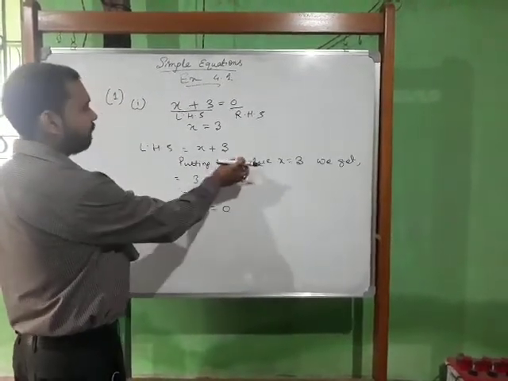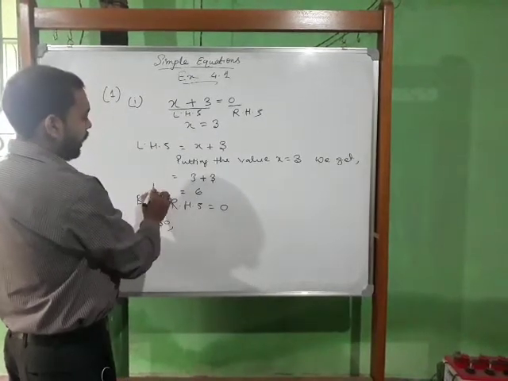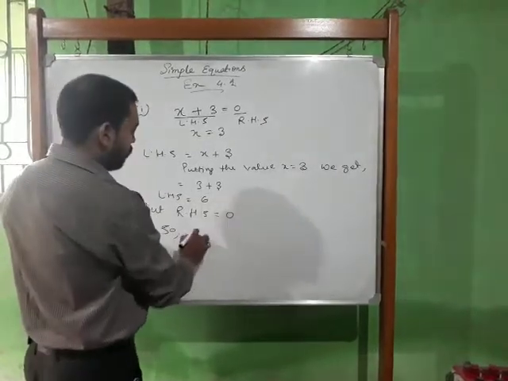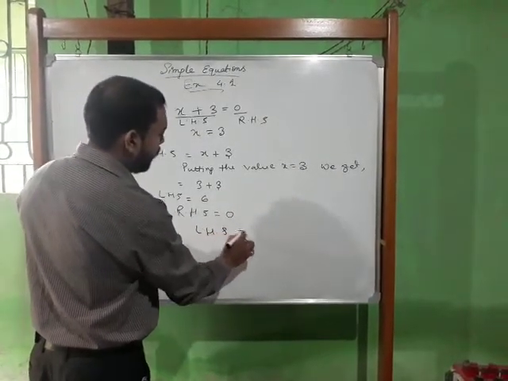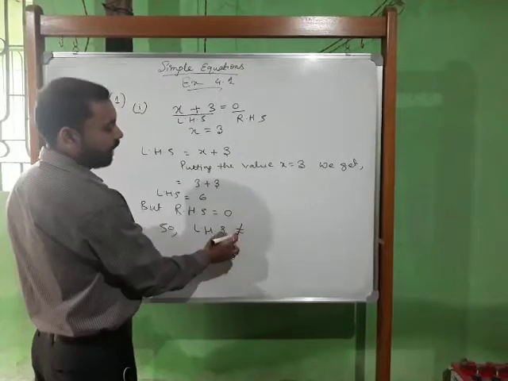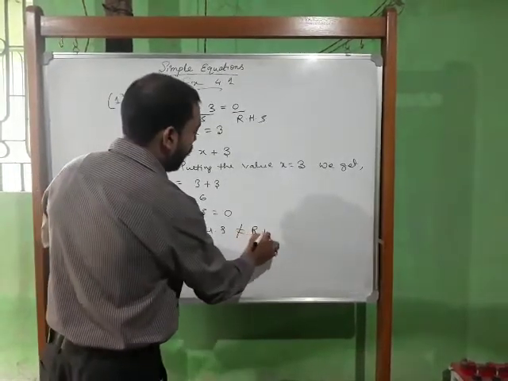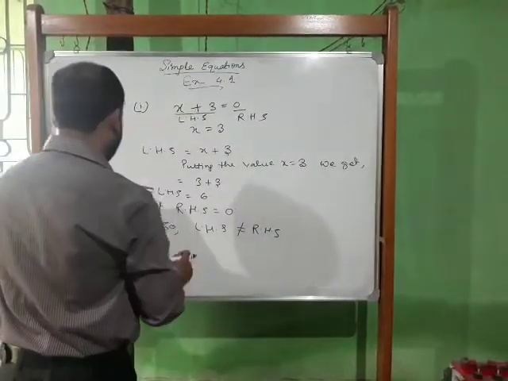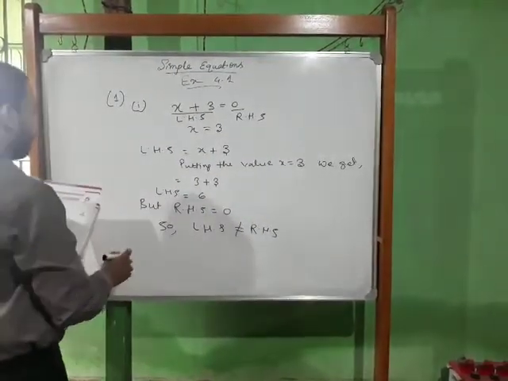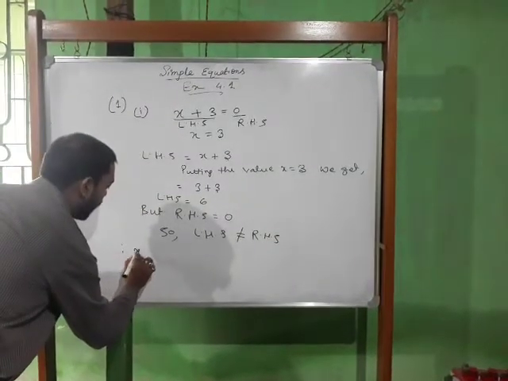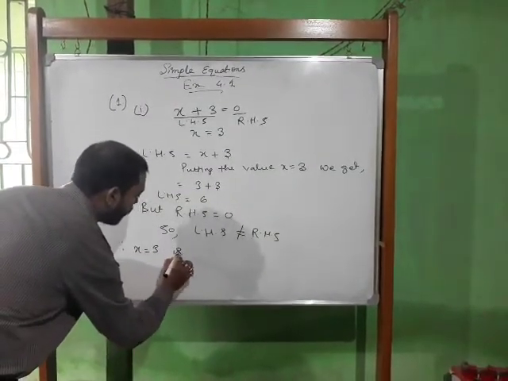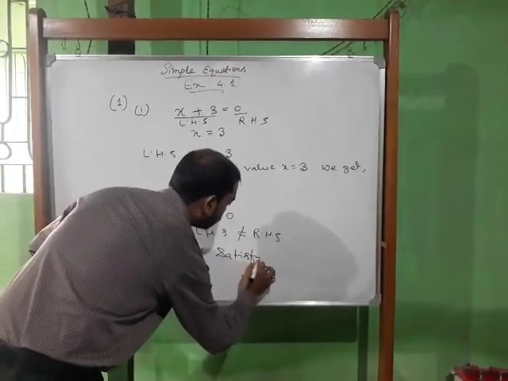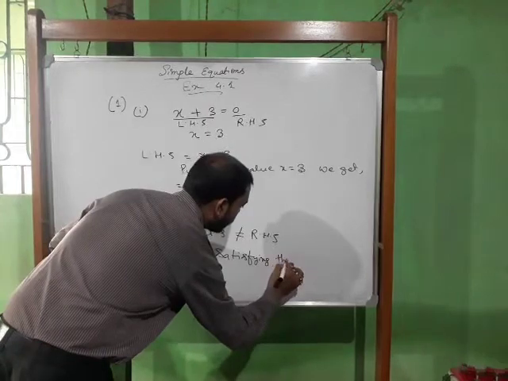That means left hand side LHS is 6, but right hand side it is 0. So our left hand side is not equal to RHS. From here we can say that x equal to 3 is not satisfying the given equation. Therefore x equal to 3 is not satisfying the given equation.